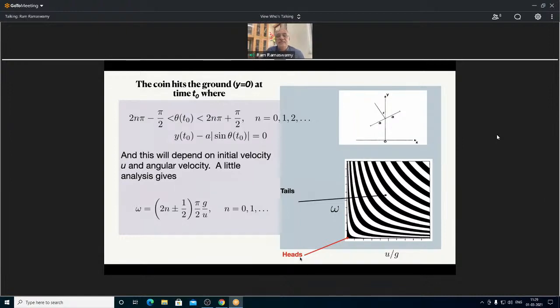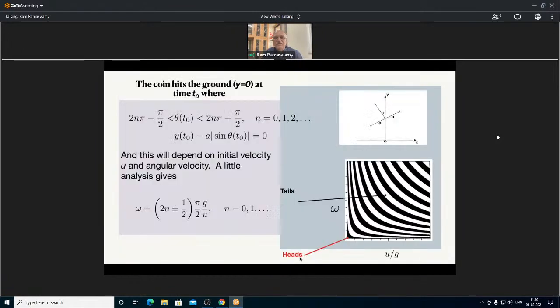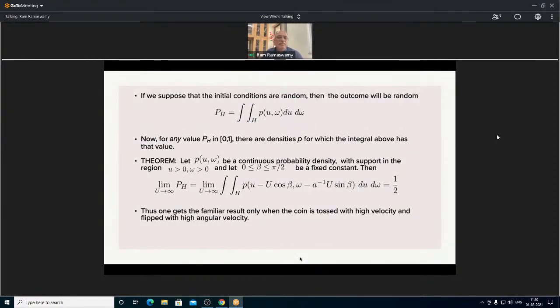Now, this analysis was done for an infinitely thin disk, and you can do a lot of nice mathematics. Basically, what Keller showed is that I can get any probability of heads and tails to come up depending on how I choose my initial velocities.